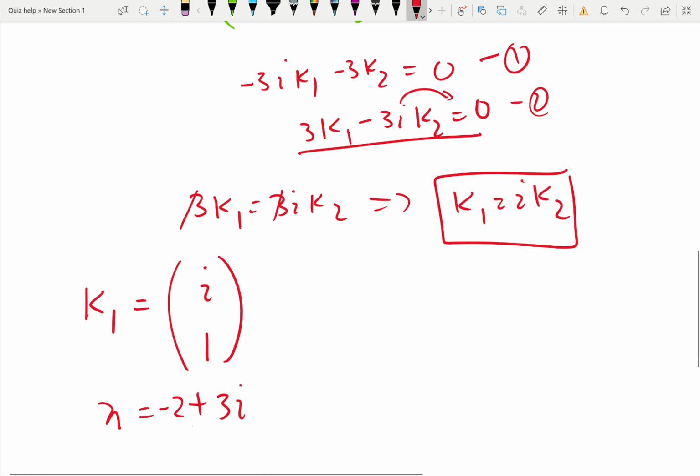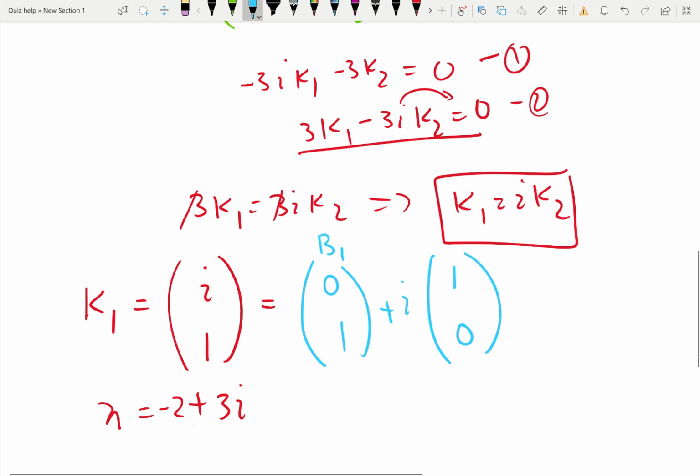So we have everything we need. Let's decompose the eigenvector and write the real and imaginary parts. The real part will be (0, 1) plus i times the imaginary part (1, 0). So B1 is here, B2 is here, and we know alpha and beta as well.